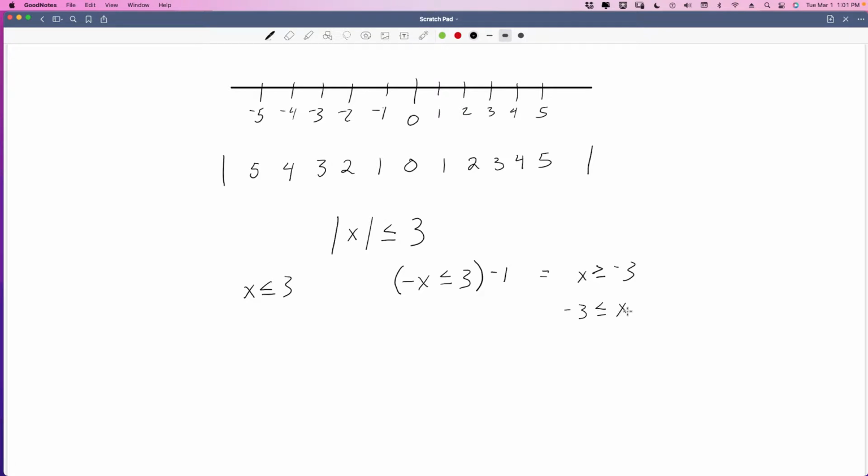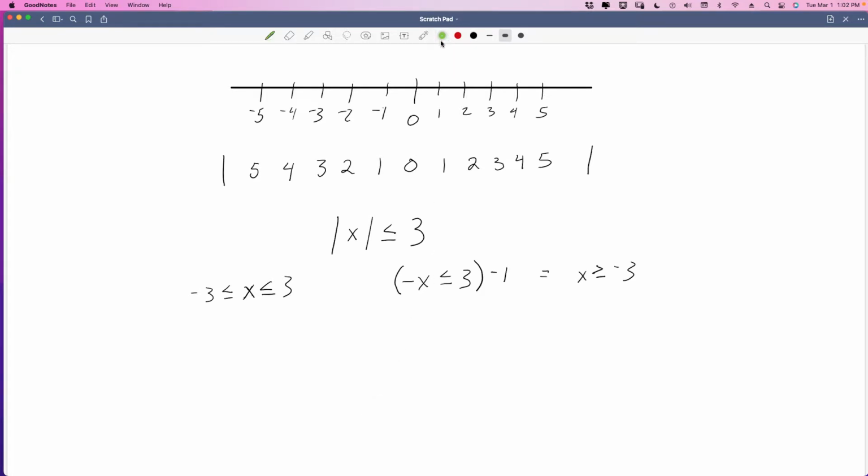So we just wrote it in the opposite direction. Now we can take this and stack it, or overlay it, on top of the other x so that we have one statement. So now we have negative 3 is less than or equal to x, which is less than or equal to 3. So that's what we would graph.